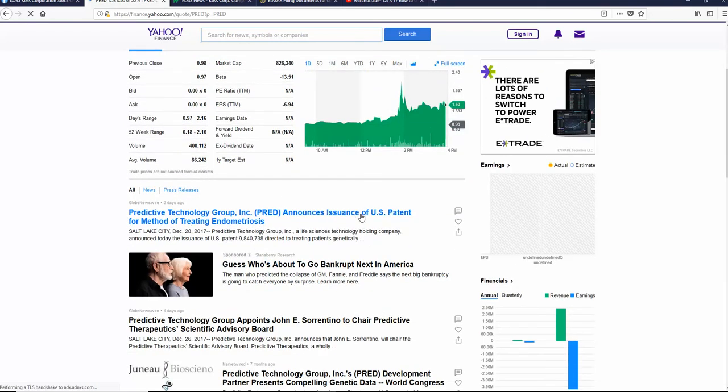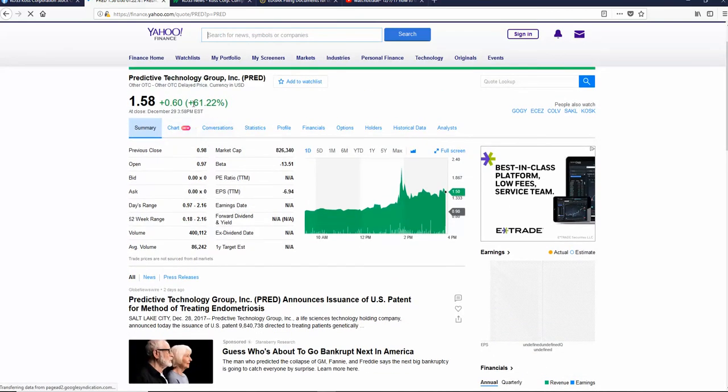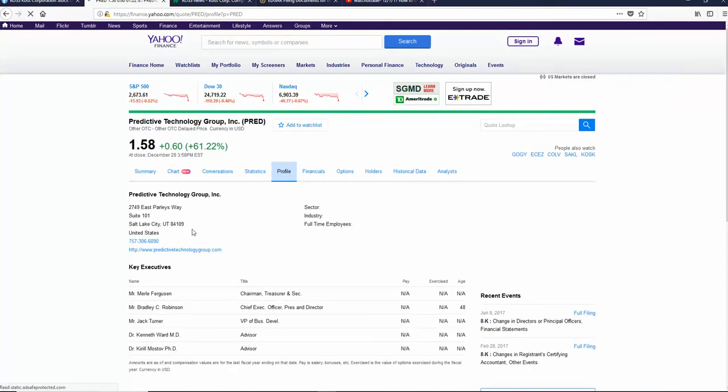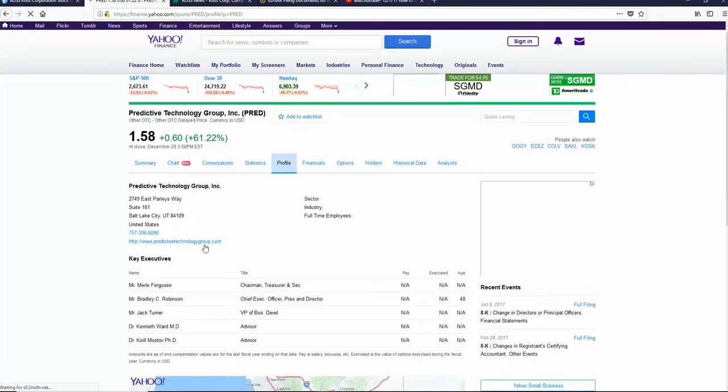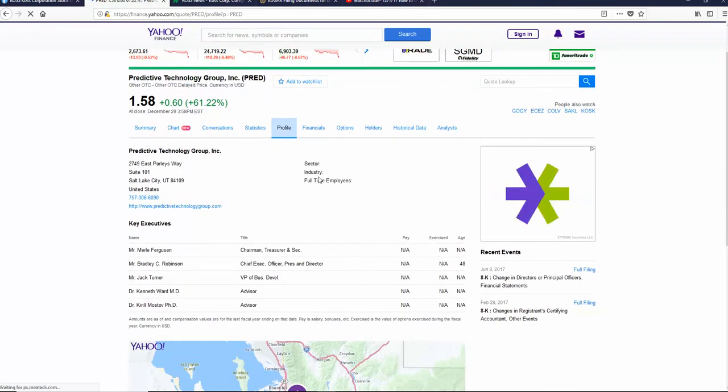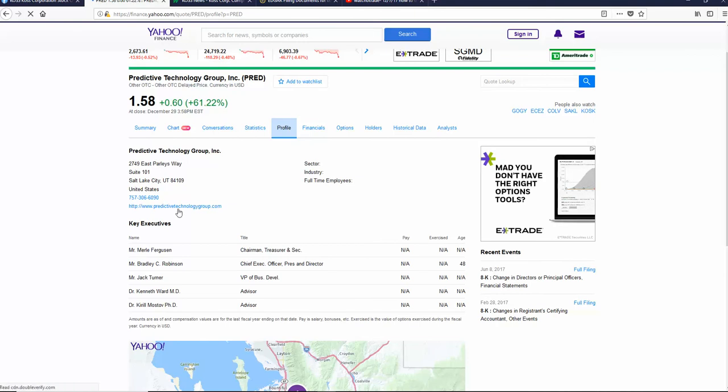It announces issuance of a U.S. patent for a method for treating endometriosis. So let's see, profile. It's an over-the-counter stock, and you can see it's some bullshit company. It doesn't even say, but Predictive Technology looks like a pharmaceutical company or something like that, biotech or something like that.